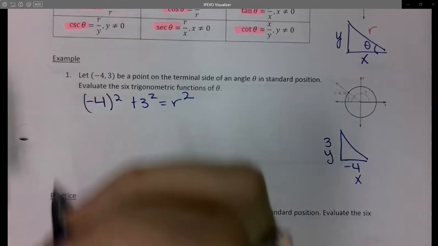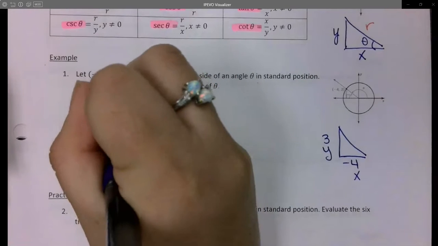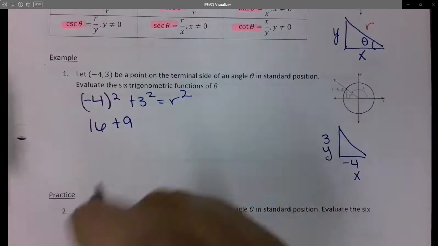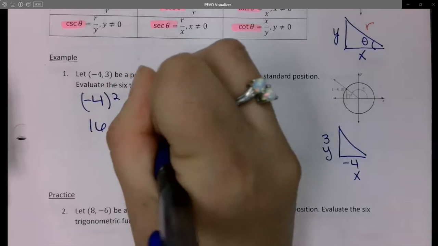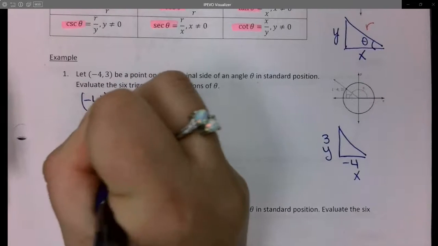Negative 4 squared gives me positive 16. This is because I have 2 negatives, and a negative times a negative makes a positive. 3 squared is 9. R squared is still r squared. 16 plus 9 gives me 25.